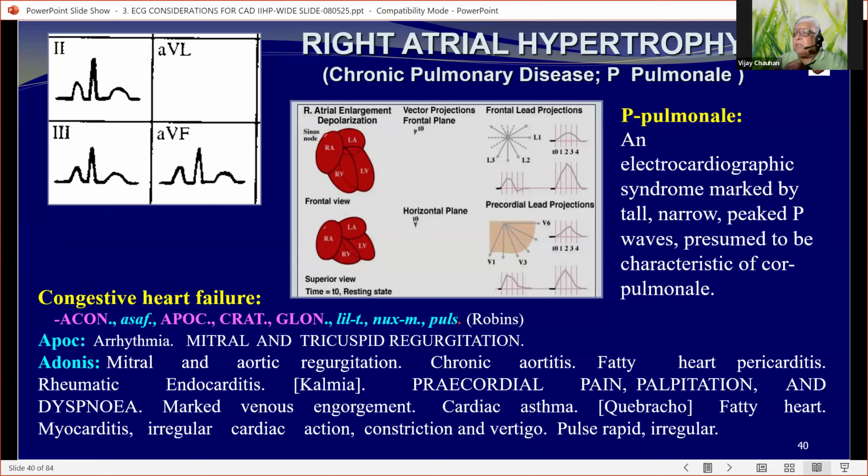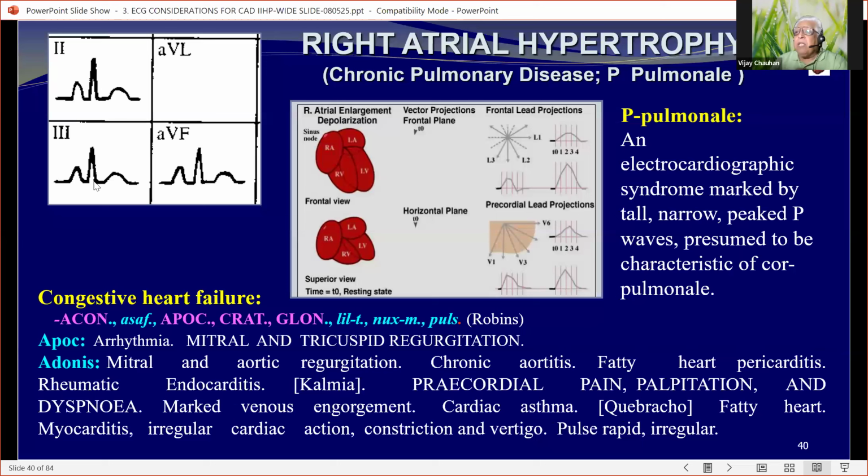And the right atrium's enlargement is depicted in a peaked and big P wave. Its timing is the same, but it is peaked up, and this peak can be more than 2.5 small squares.